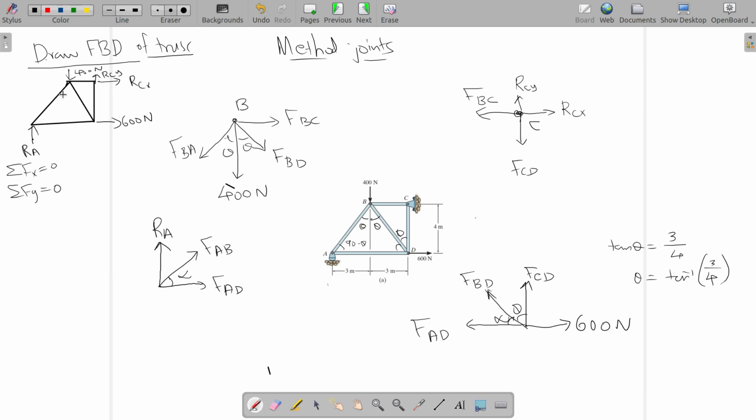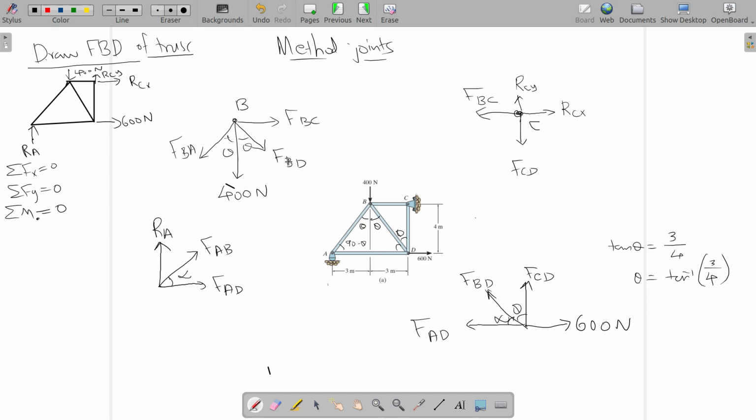You can also have the moment equation. For the single joints we could not come up with a moment equation, but for this whole truss you also have the moment equation. Net moment about any point is 0. 3 equations and 3 unknowns. So you can find out RA, RCY and RCX.